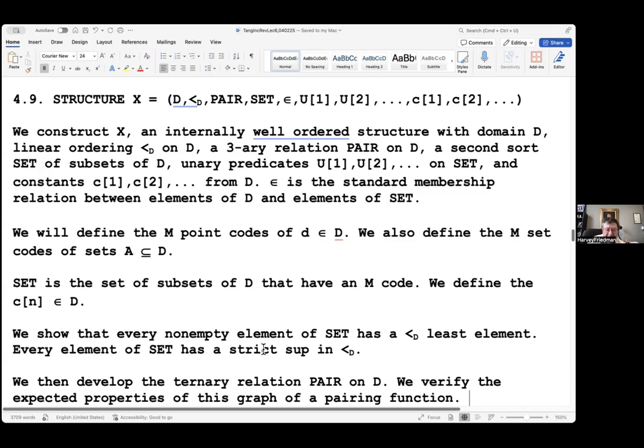We will define the endpoint codes, but it takes some effort to properly define this and prove some basic properties of it that we used last week.